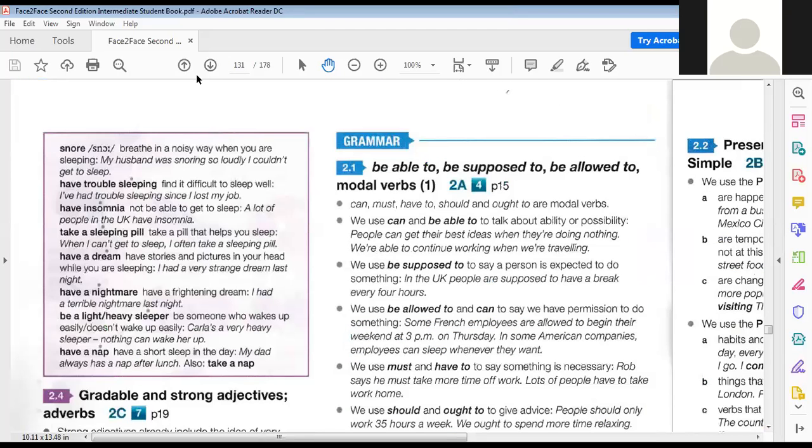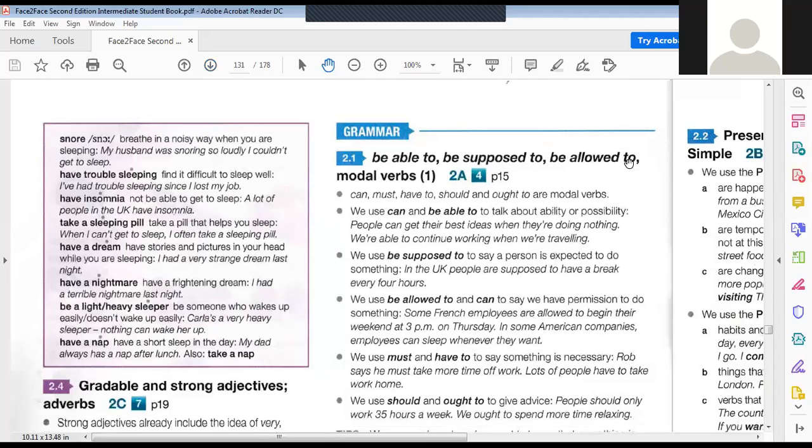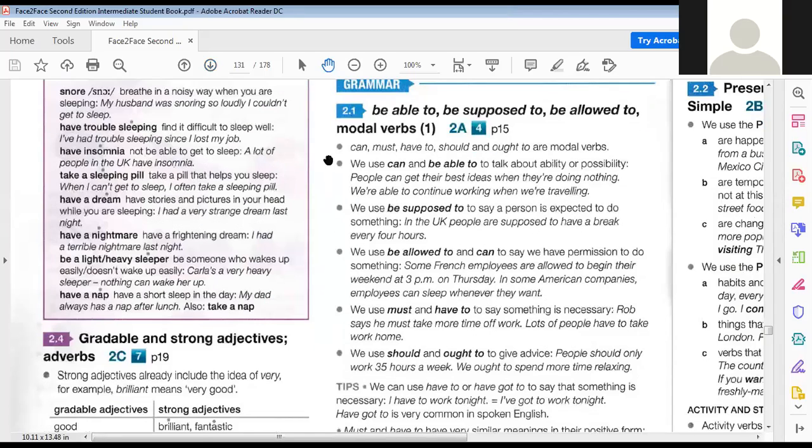Okay, here we are. So, be able to, be supposed to, be allowed to, and some modal verbs. So this is the summary we finished in the beginning. So can, must, have to, should, and ought to are modal verbs. Of course, we have others. We have shall, can, could, should, will, would, might, may.